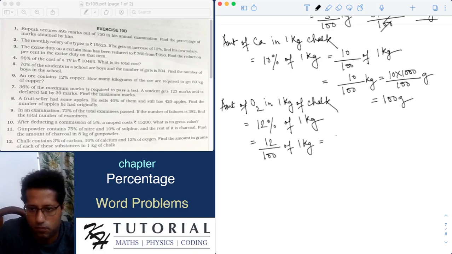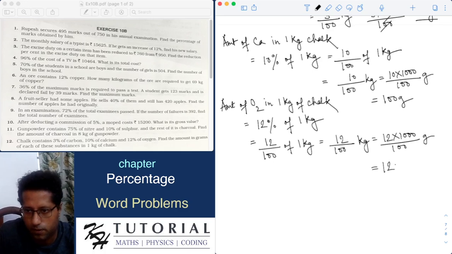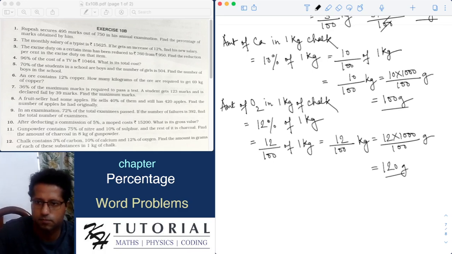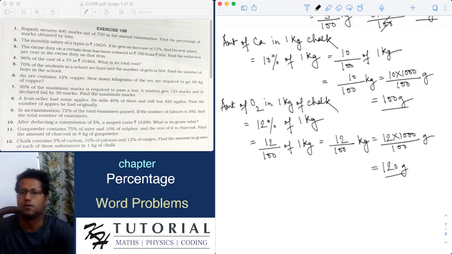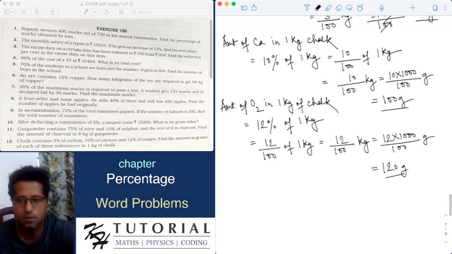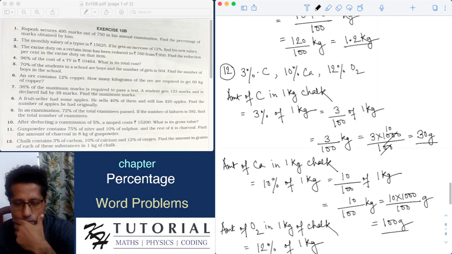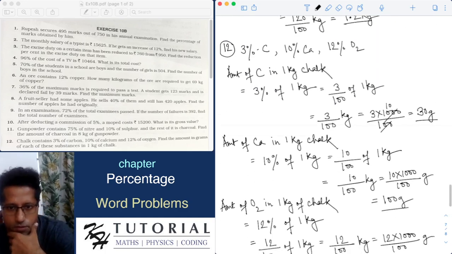This is 12 by 100 kilogram. This is 12 multiplied by 1000 divided by 100 gram. This is 120 grams. So 120 gram is the amount of oxygen in 1 kg of chalk. 100 gram is the amount of calcium in 1 kg of chalk, and 30 gram is the amount of carbon in 1 kg of chalk.